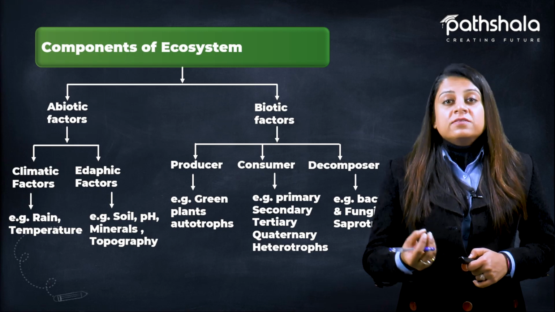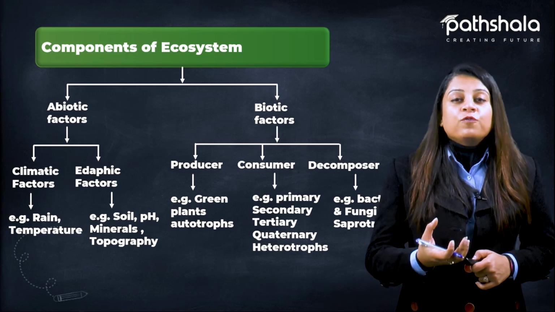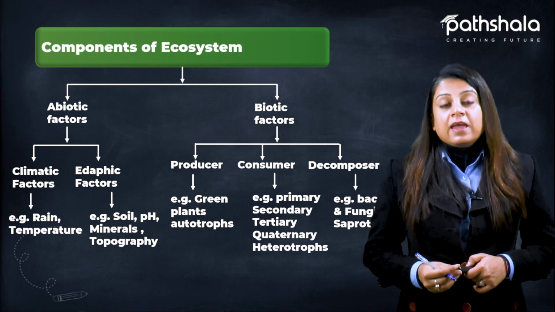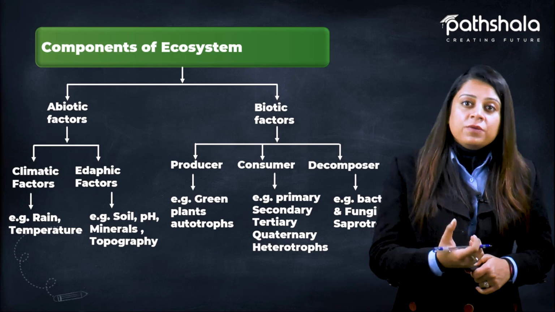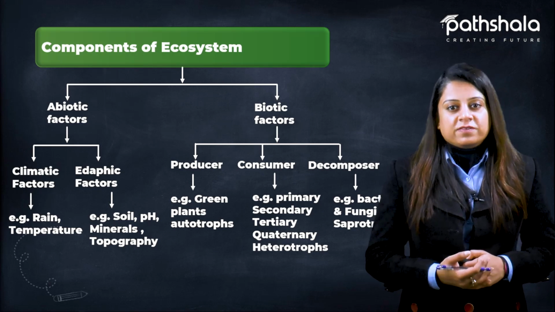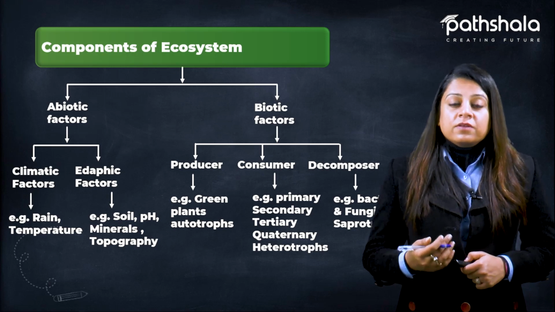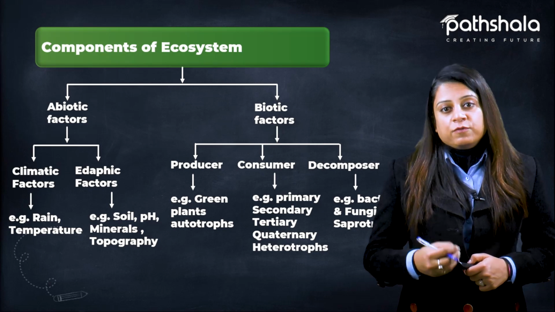These animals eat plant leaves or parts of plants to fulfill their food requirement and thus they are directly dependent on plants. So they are consuming the plants or plant products. That's why they are termed consumers. These consumers are known as primary consumers. Those are termed herbivores.